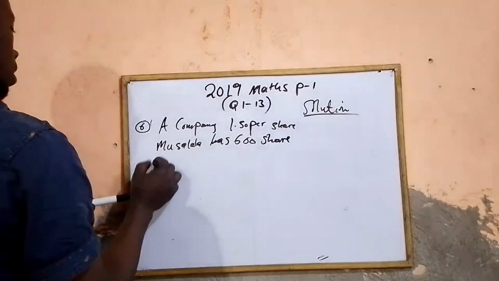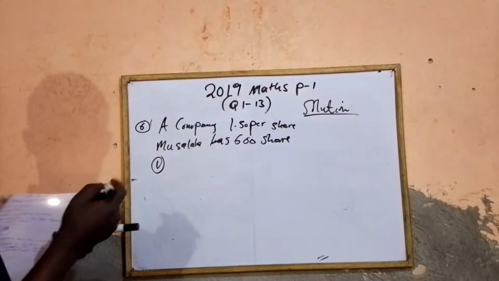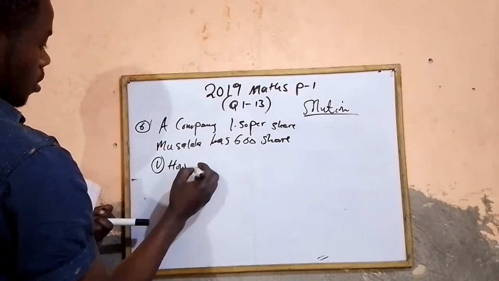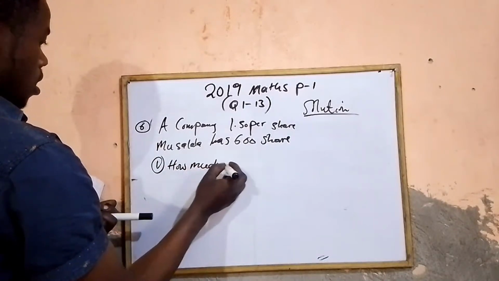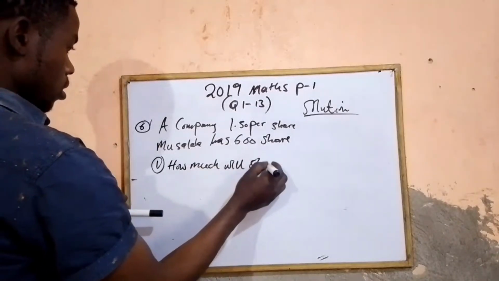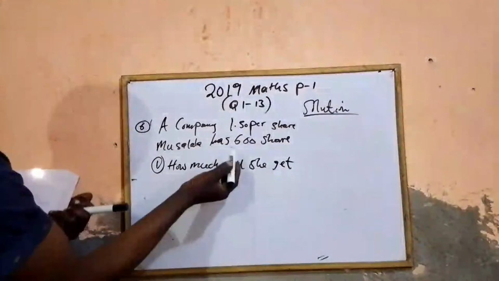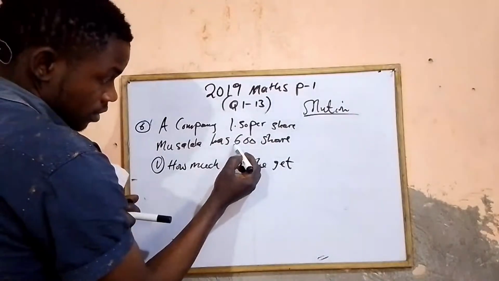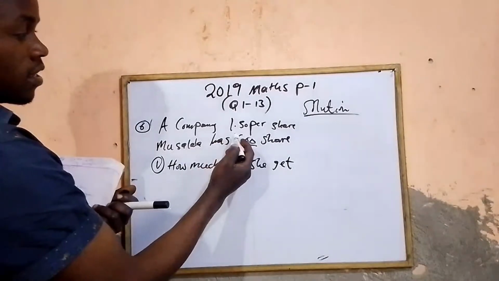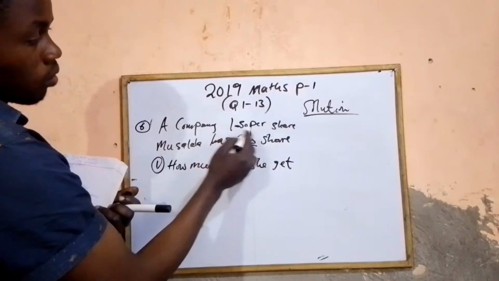The question they ask from this scenario is how much will she get if she has 600 shares and each share is valued at K1.50.